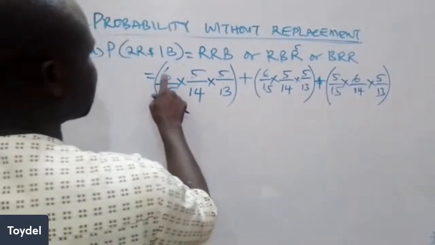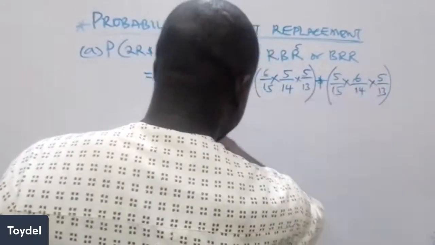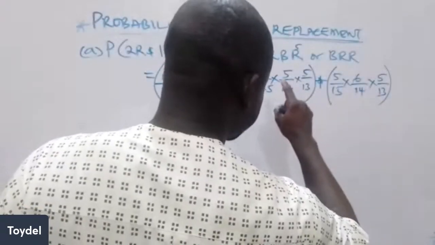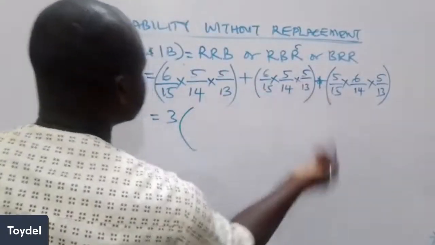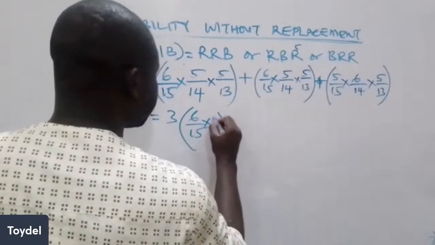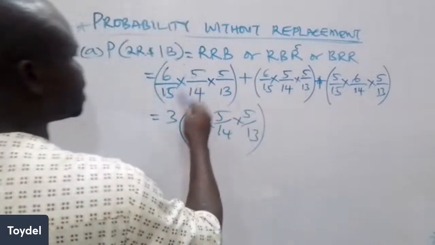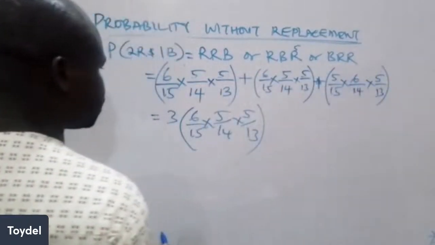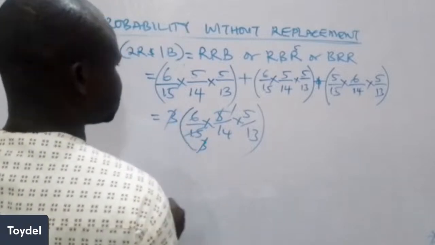Look at the numerators: we have 6, 5, 5; 6, 5, 5; 5, 6, 5. The denominators are 15, 14, 13 each time. So I can just say 3 multiplied by any of these. You get the same answer. That will be 6 over 15 multiplied by 5 over 14 multiplied by 5 over 13. It's still the same thing instead of doing everything in that order. 5 here into 15 is actually 3. 3 can take care of this.